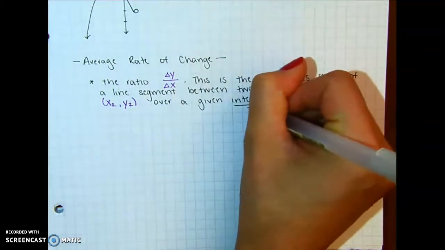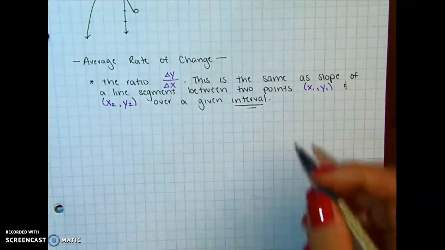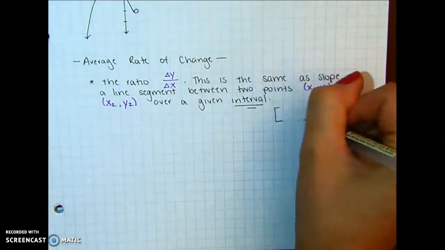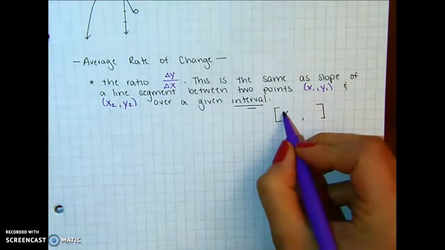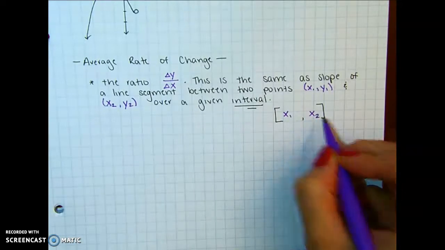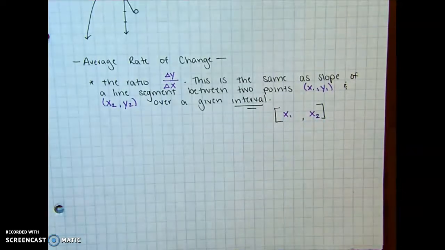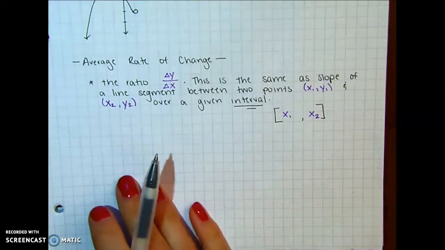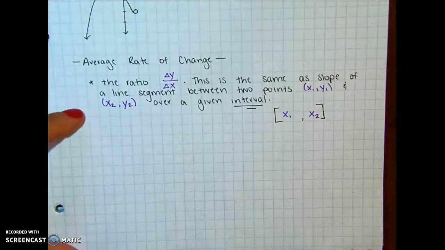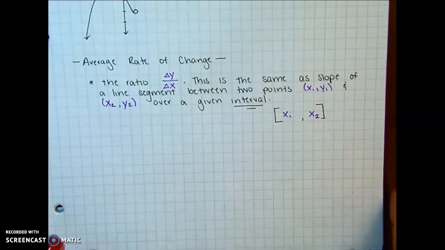Your interval is going to be from x1 to x2. So if you forget the slope formula, we'll go over it in just a second. So let's do an example. How much space do I need? Because we can just try to make it work.